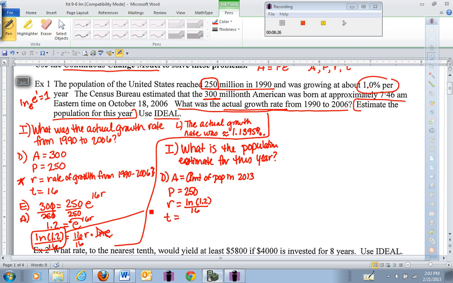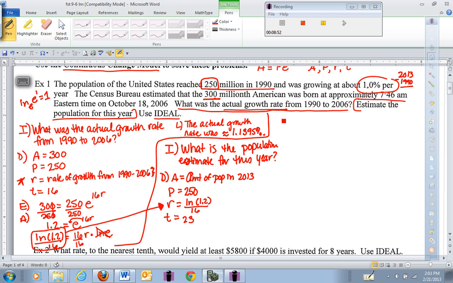I'm going to use that over here, because that's the actual rate for that time span. And then the time, okay, if I'm going to go from 1990 to 2013, how many years have elapsed? Well, the number of years that would have elapsed would be 23, right? 23?